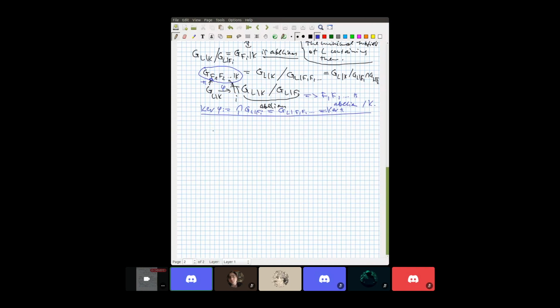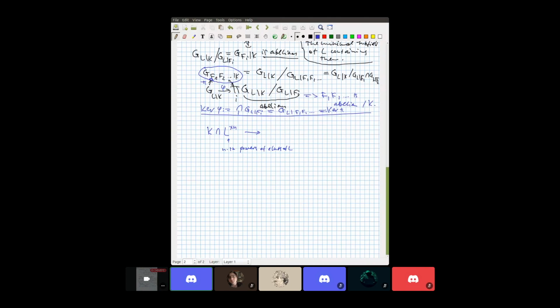So we consider the following. We consider the intersection of our base field and the group of nth powers of elements of L. And now we want to construct a map.